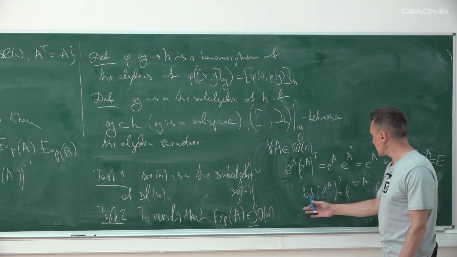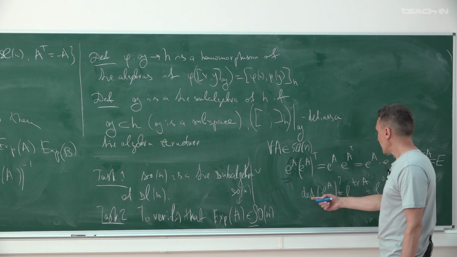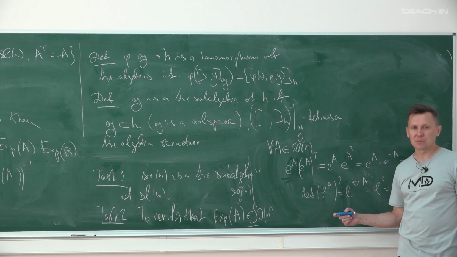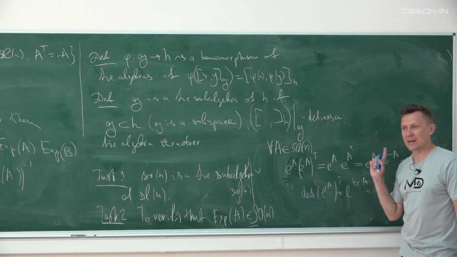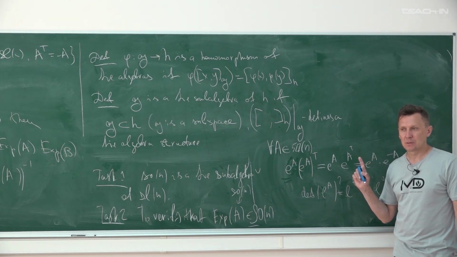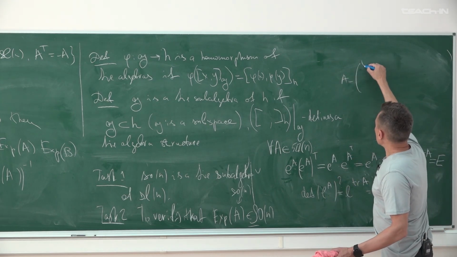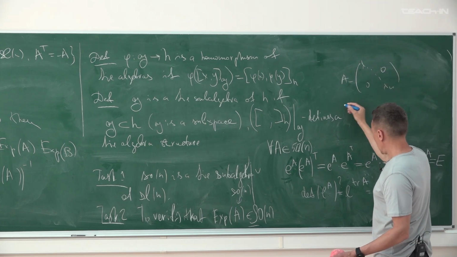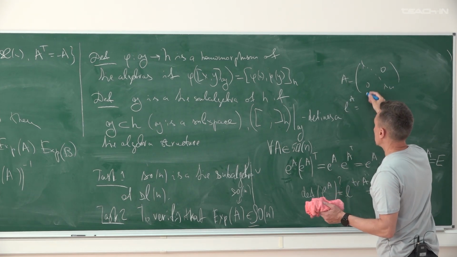I prefer such an argument. It is obviously true for diagonalizable matrices. So it is true for diagonal matrices. Just because, if A is diagonal with eigenvalues lambda 1 to lambda n, then the exponential of A is diagonal with entries e to the lambda i.